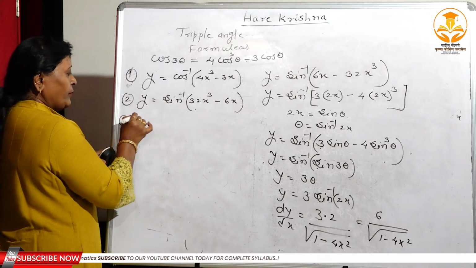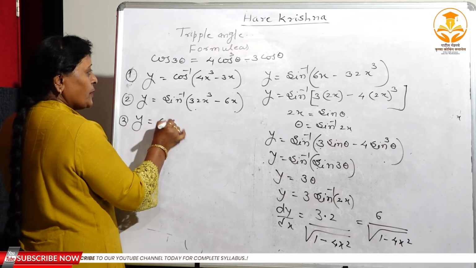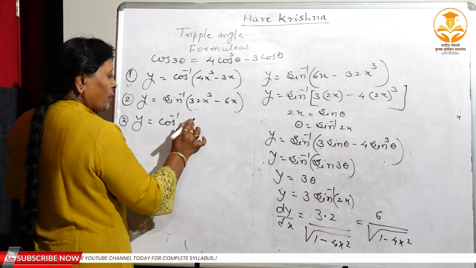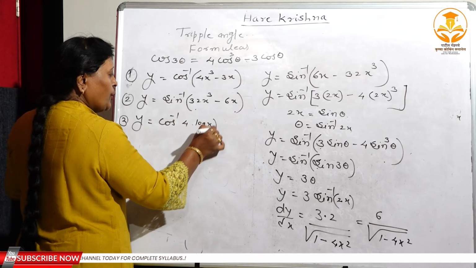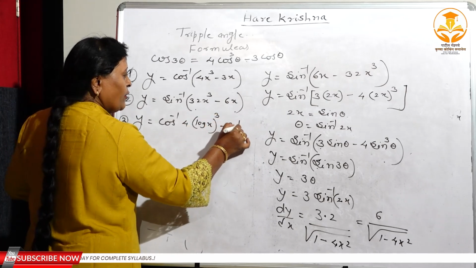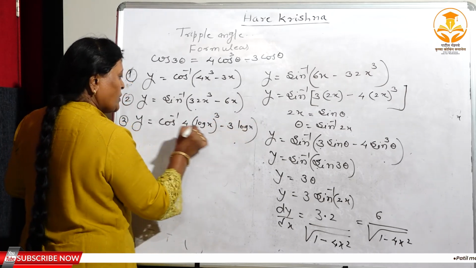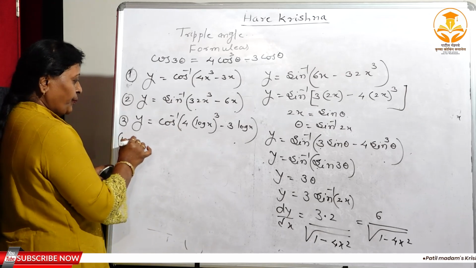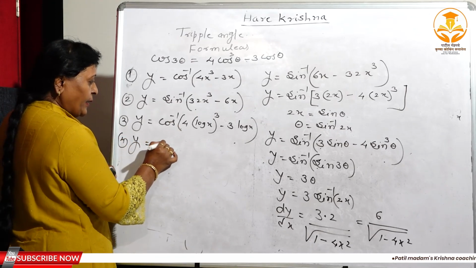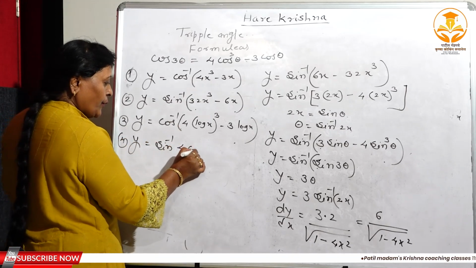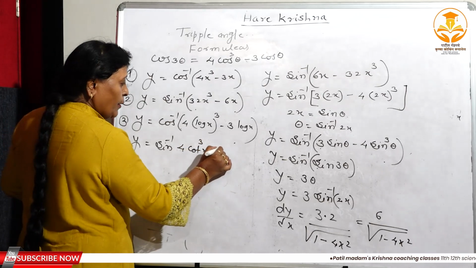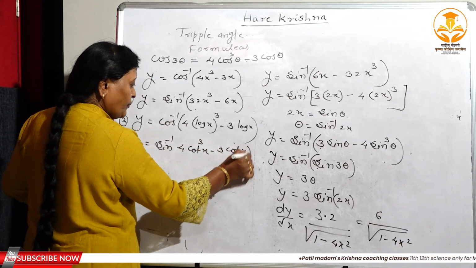Third one, cos inverse of 4 (log x) whole cube minus 3 log x. Again, fourth one, y is equal to sine inverse of 4 cot cube x minus 3 cot x.